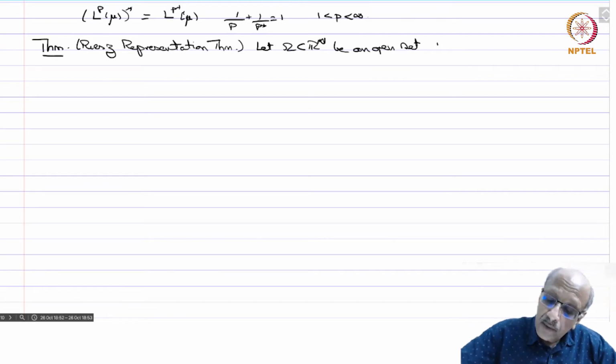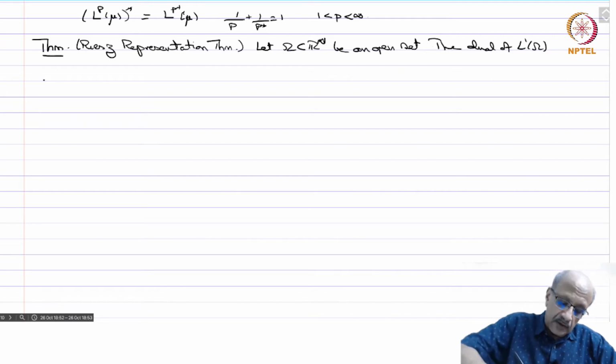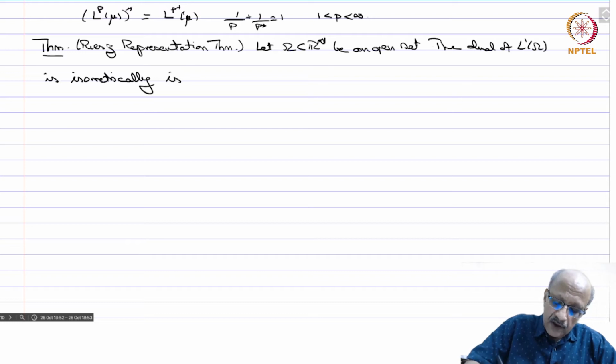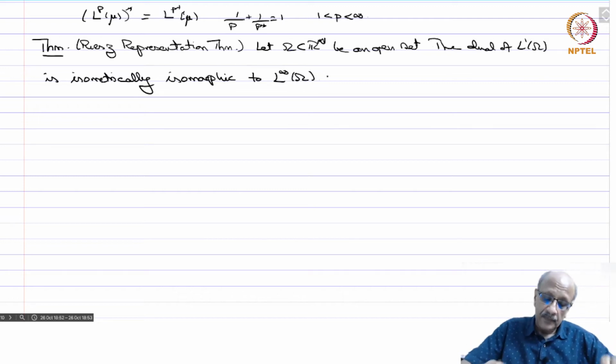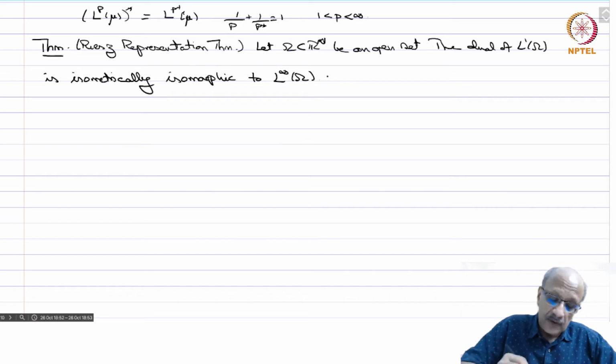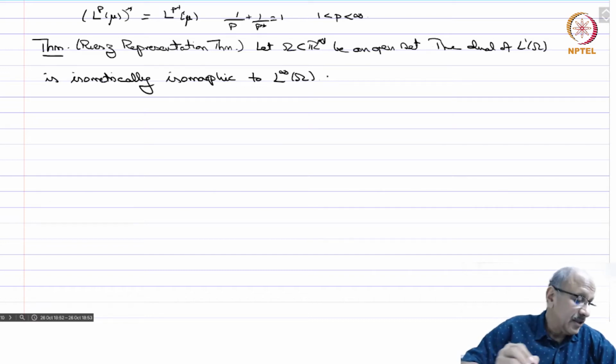Then the dual of L1(omega) is isometrically isomorphic to L infinity(omega). So that means you can essentially identify L1 star as L infinity.